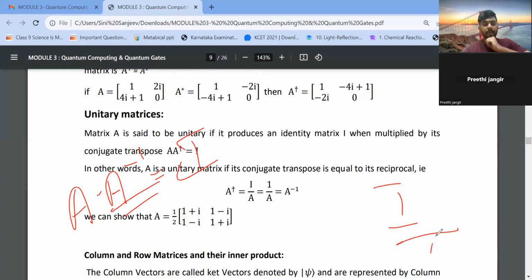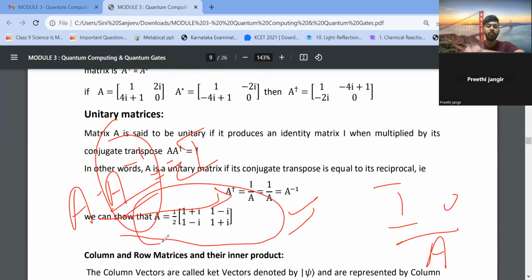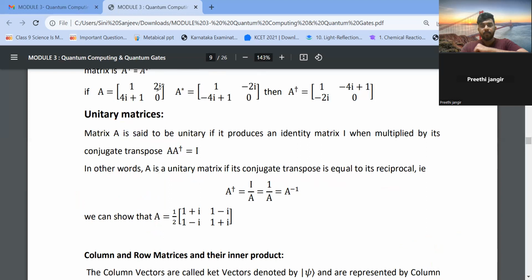I by A. A inverse from this is I by this A coming down. I by A. That same thing only. Okay. So with this we can show this. But I just wanted you to know what a unitary matrix is. That's all. From my end.